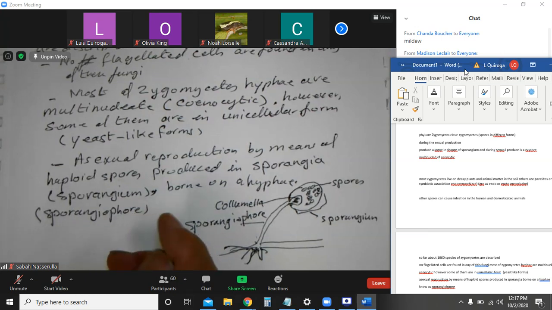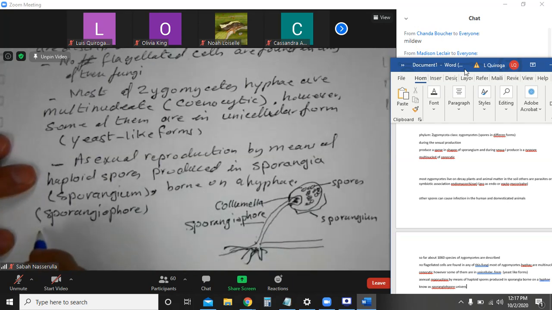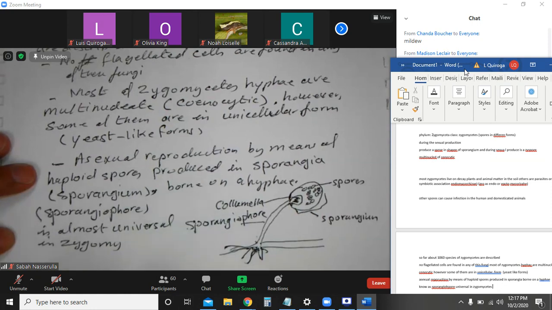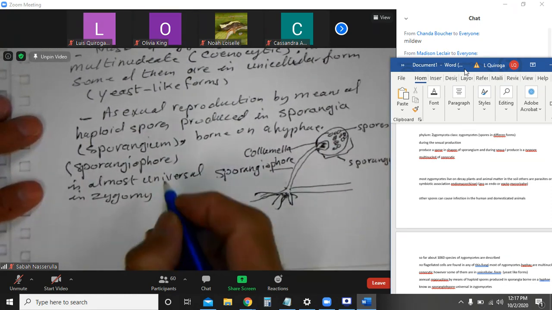Basically, this is almost universal in zygomycetes, meaning it occurs in all the groups of the zygomycetes. Make sure that you can see it here.